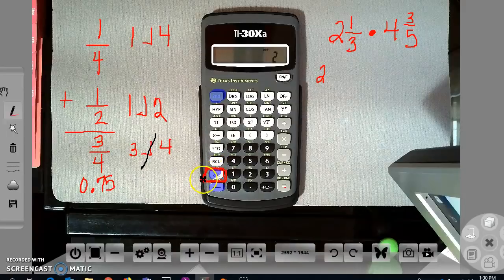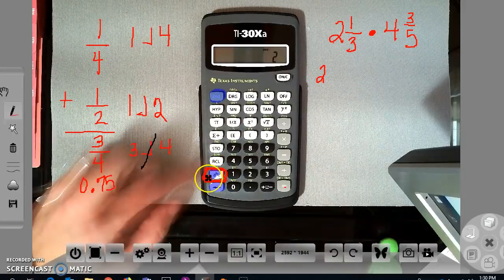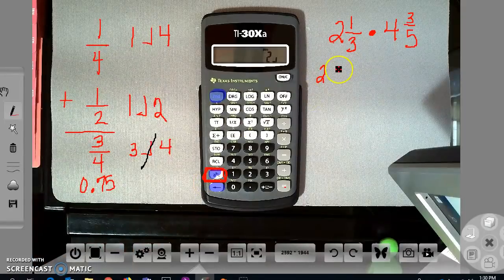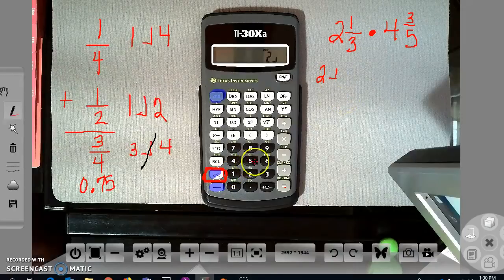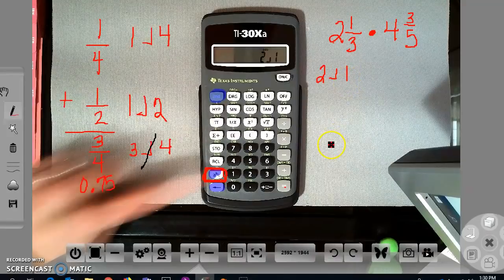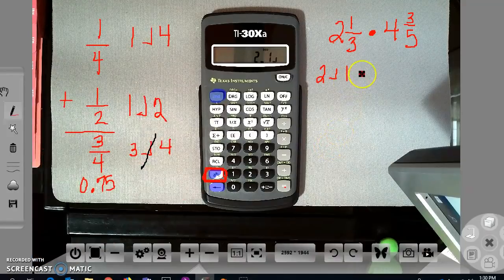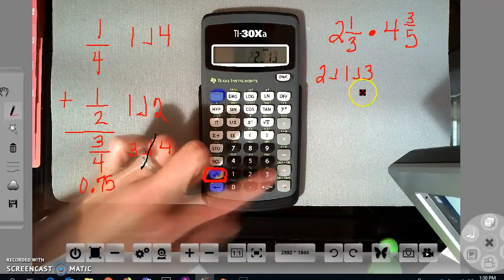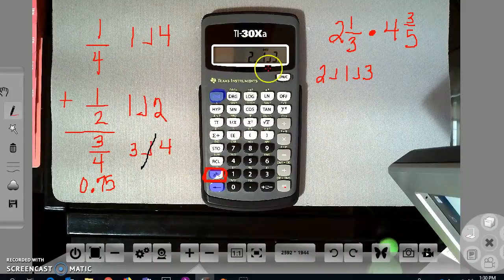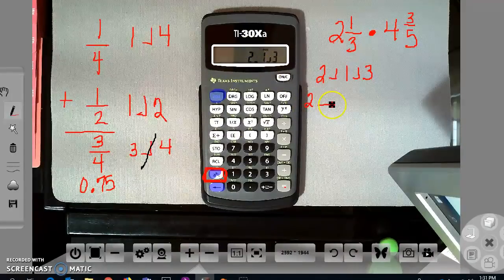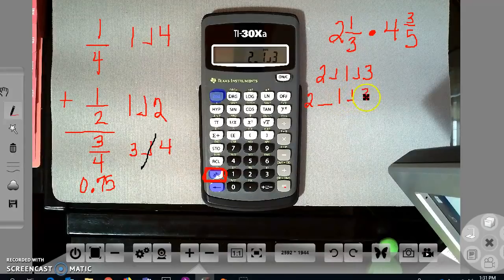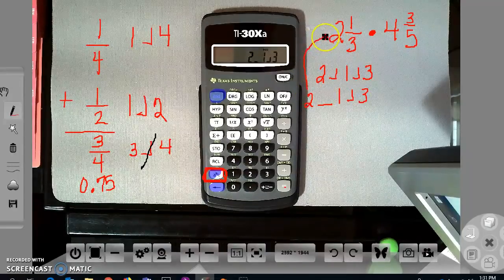We're going to press the fraction button, and that's going to give us that backwards L. We're going to put in the number 1, push the fraction button again, and press the number 3. You'll now notice how it looks on the screen. 2, line, 1, backwards L, 3. That's going to translate to the 2 1/3.